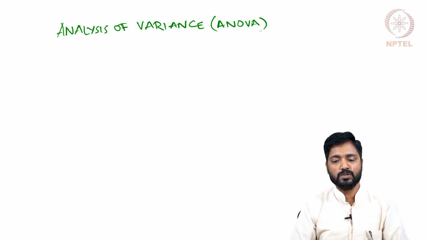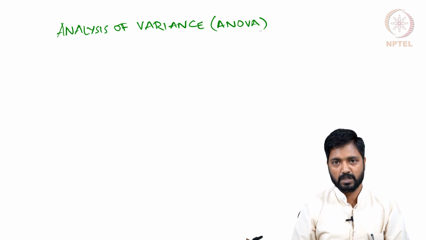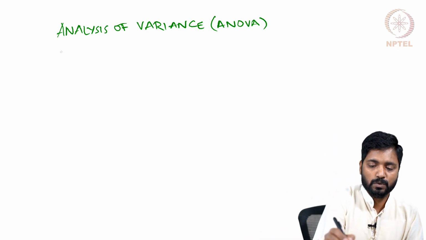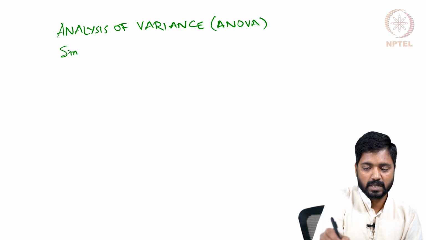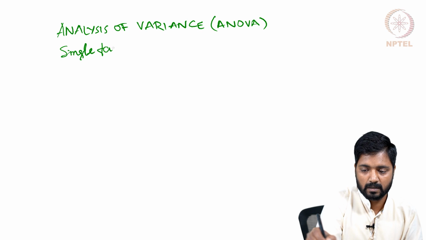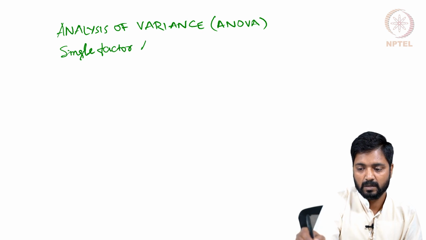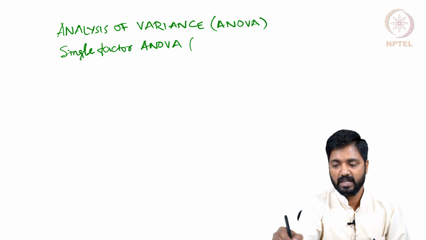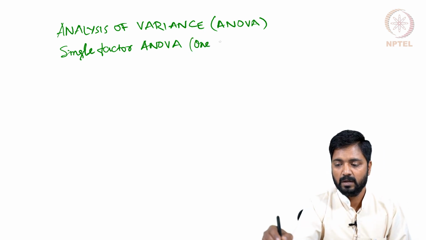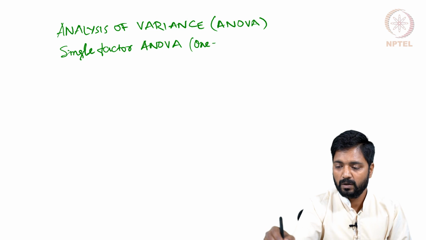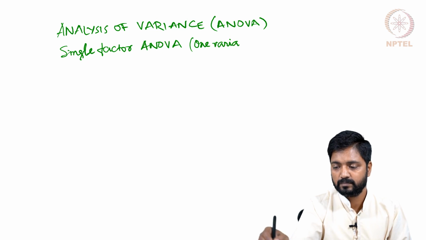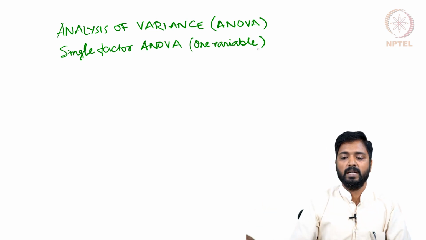Now, the analysis of variance that we discussed in this course was known as the single factor ANOVA. That means we have been dealing with only one variable in this.